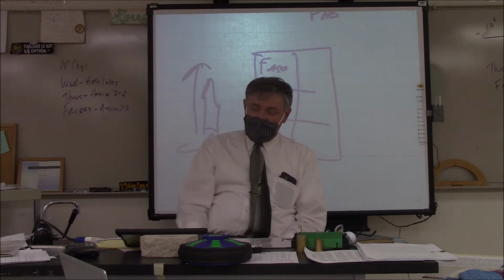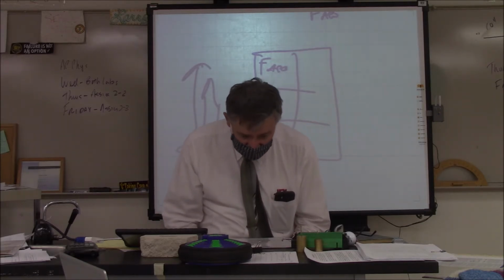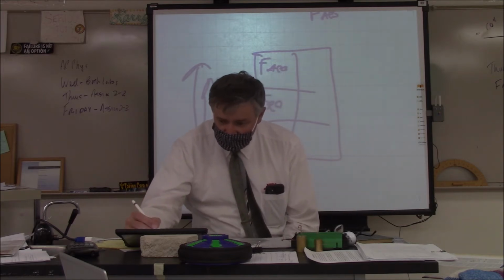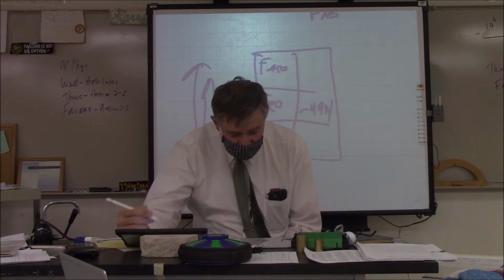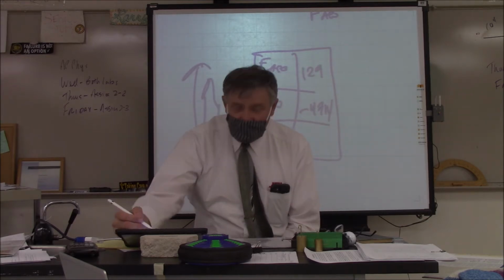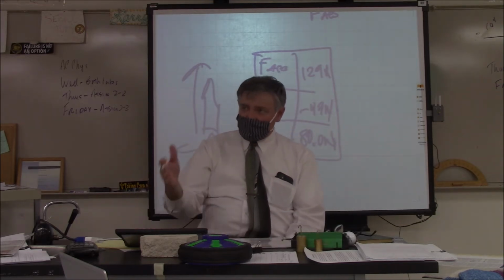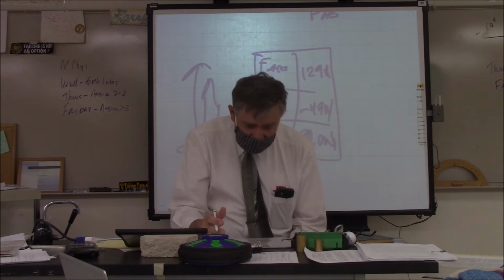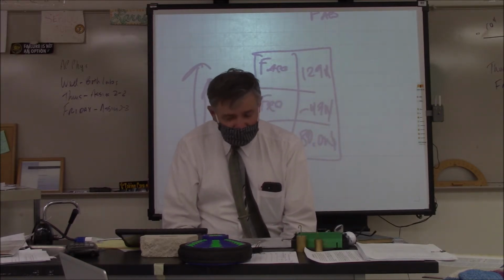So take the mass, multiply that by negative 9.8 meters per second squared, which you can get like negative 49 newtons. So you can have negative 49 newtons, which is your opposing force. You got an upward force of 129 newtons. The difference between those two is your net force. So there's your answer to number 8B. That's all you have to do.